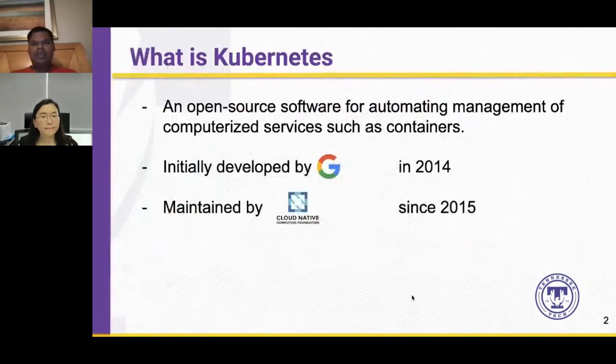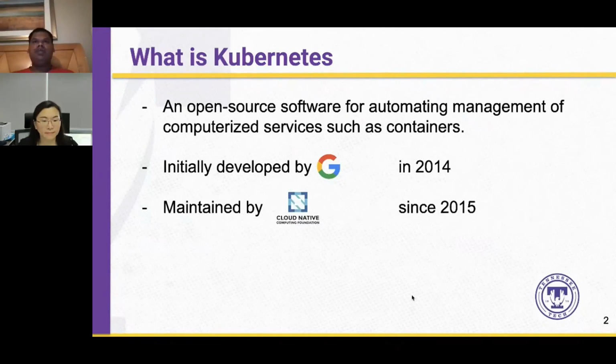So before I dive into the details of the paper and what we did and what we found, I would like to give you a brief introduction on what Kubernetes is. It is an open source software for automatic management of computerized services such as containers. Initially, it was developed by Google in 2014. And their idea was whatever they have done over the years to orchestrate their containers.